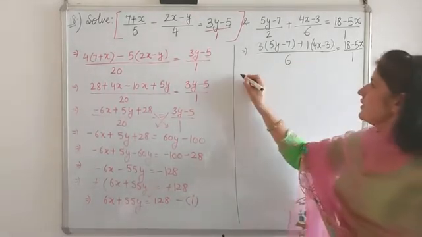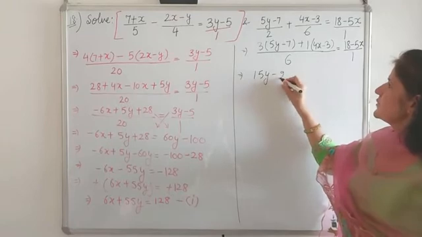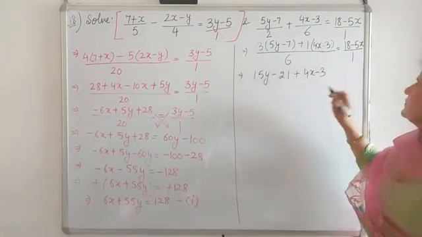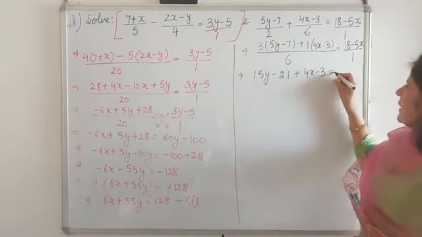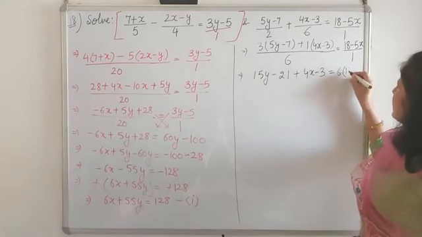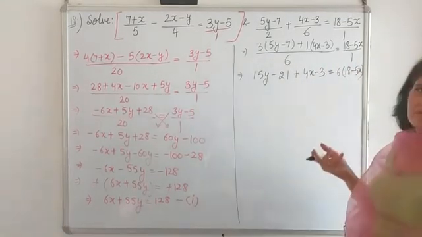Now multiply 3. 3 5s are 15. 3 7s are 21. With 1, same term will come. And this 6 will multiply this side. 6 into 18 minus 5x. And here 1, same term will come.